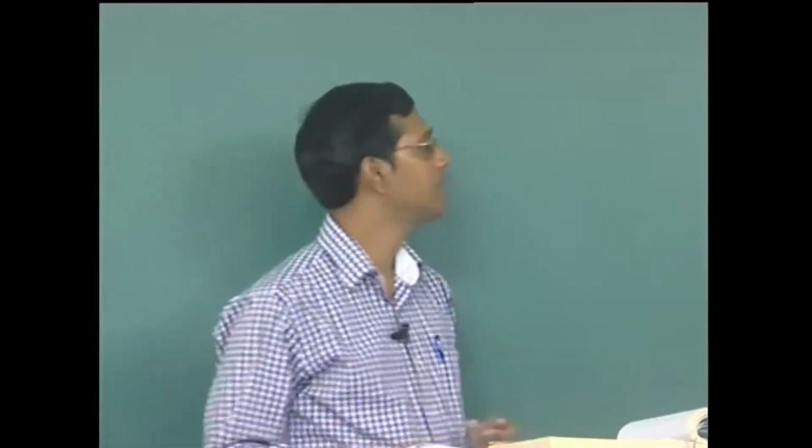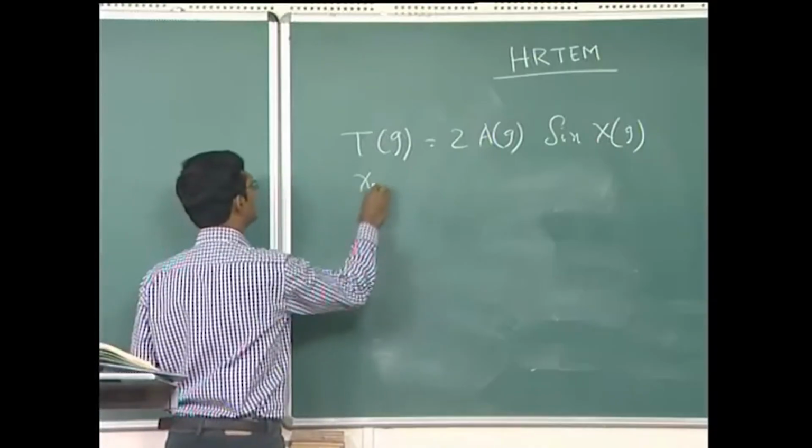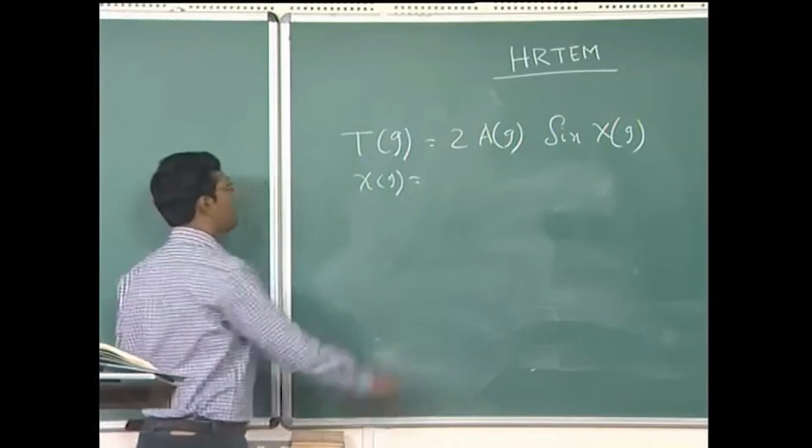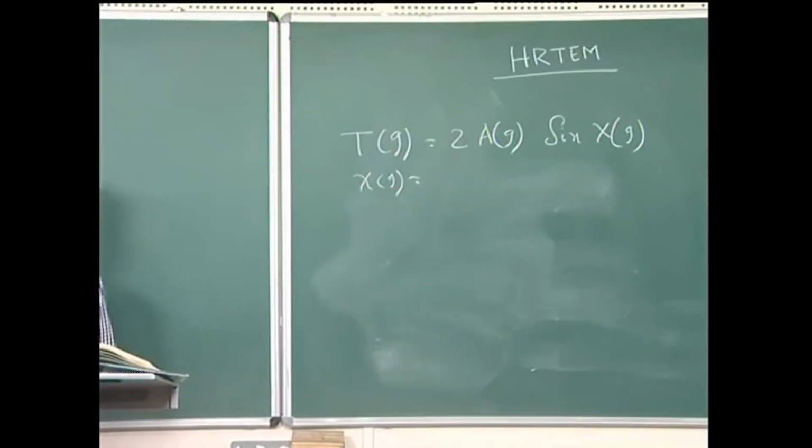where Ag tells us the effect of the aperture function, the effect of the beam selecting aperture, and psi z, which is a very important parameter here, is basically the phase shift.